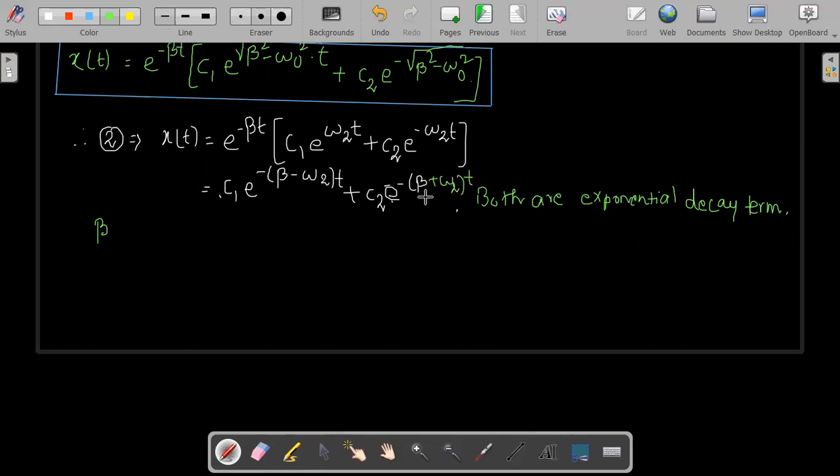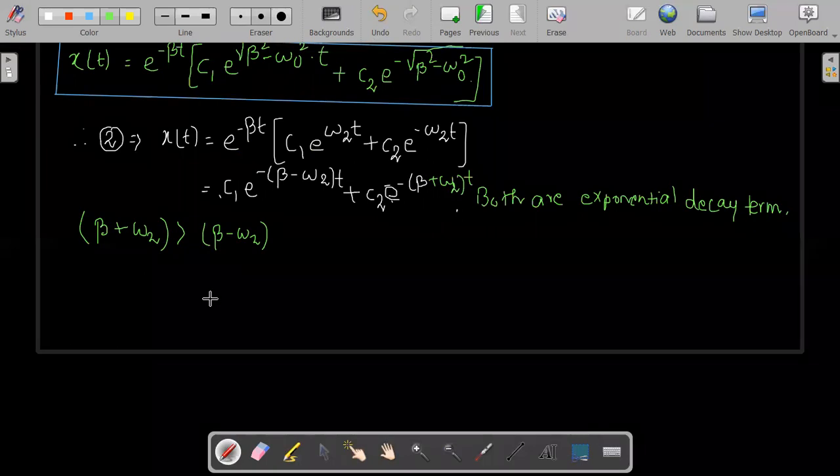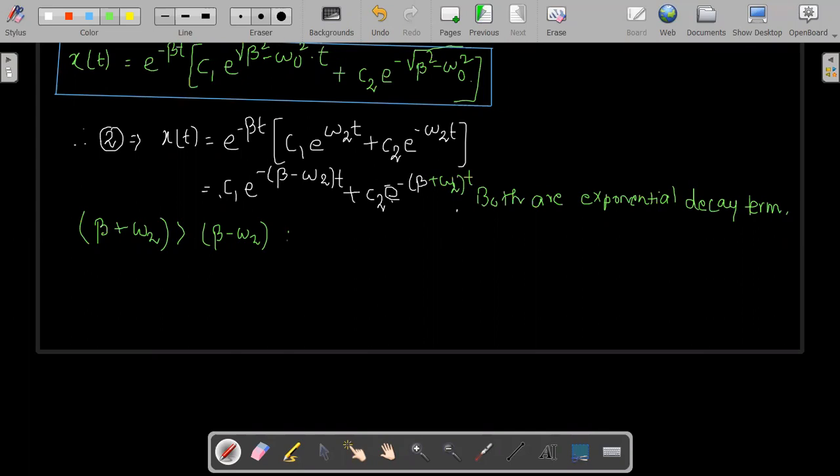Correct? Now there is beta plus omega 2 and beta minus omega 2, and it's quite obvious that beta plus omega 2 is going to be greater than beta minus omega 2. So that's important. If you look into both these terms, what we see here is that the second term is going to decay faster, right? It's quite obvious, because the second term is larger and it has a minus sign.